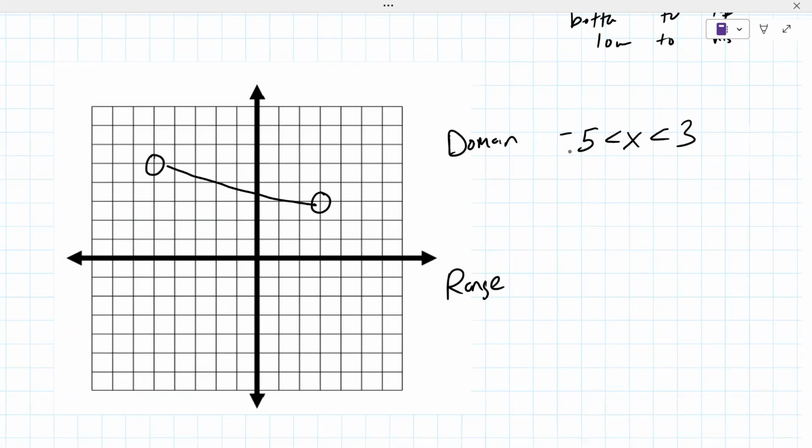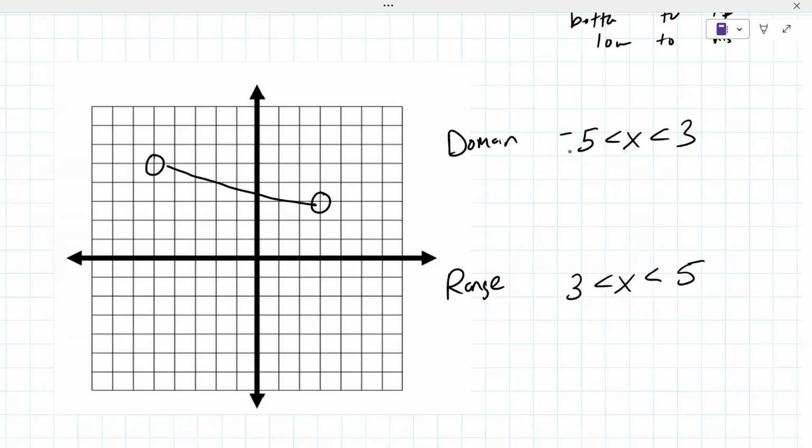I got it. All right. 3 is less than x, which is less than 5. Like this?